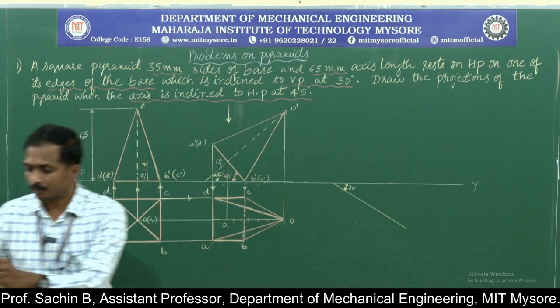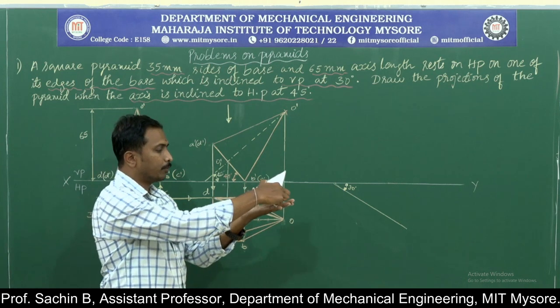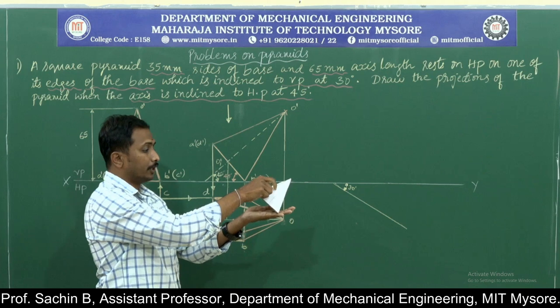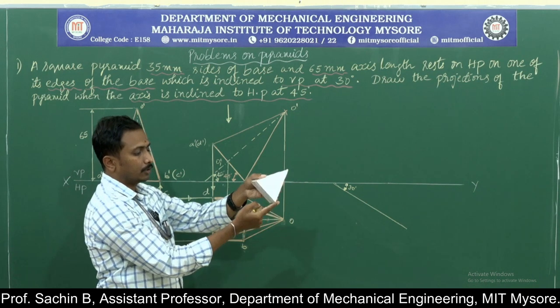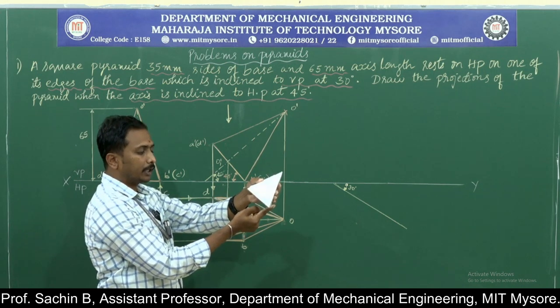Okay, now first position will be like this, second position with axis inclined to HP like this. I have drawn the top and front view. Next, this edge, this is the resting edge. This resting edge should get inclined at an angle of 30 degree to VP.